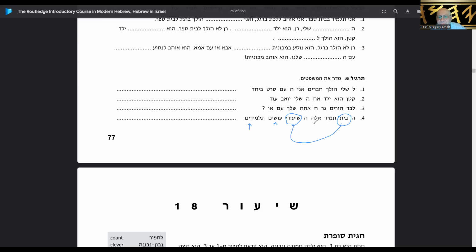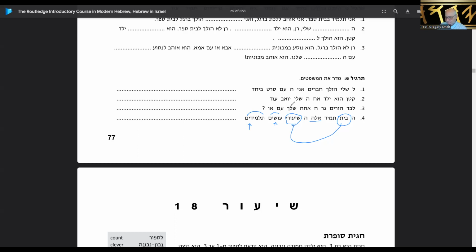Okay, Ela, these talmidim, these students are osim, are doing shiori bayit. It could have something to do like these students are always doing their homework.